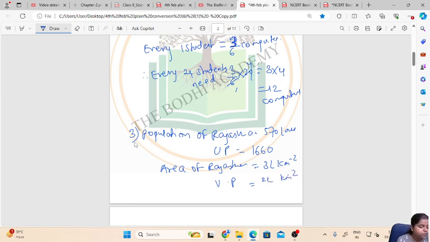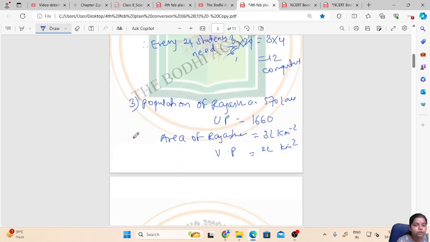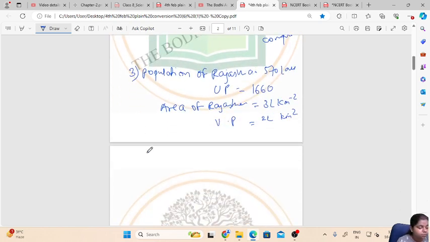So now we have to find out how many people there are per square kilometer in both these states. So we have to find the number of people per square kilometer.